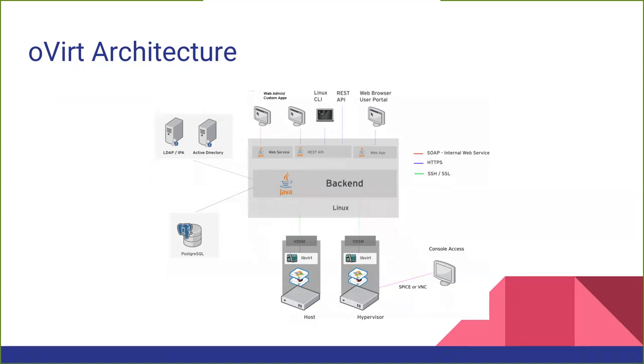And of course, it has a web portal for administrators and users. oVirt has a built-in secure database, but you can connect, for example, to an Active Directory solution, which provides external authorization. Every compute node is a Linux server, which runs VDSM, which gives the ability to connect between the KVM process on this hypervisor and the engine on the oVirt machine.